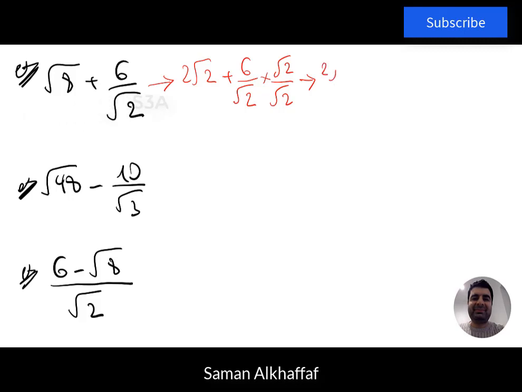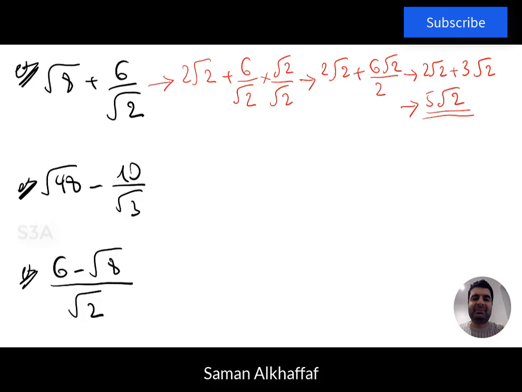So we'll keep the 2 root 2 on this side, simplify the other term, so we'd have 6 root 2 over 2, and dividing 6 over 2, that will give us 3. So here we have 2 root 2 plus 3 root 2, and then we can add the 2 and the 3, that will give us 5 root 2 as the final answer.